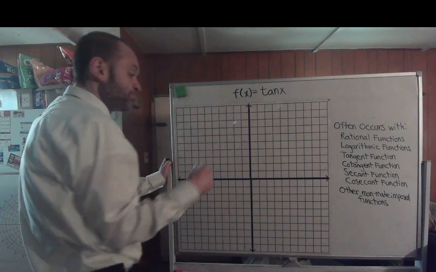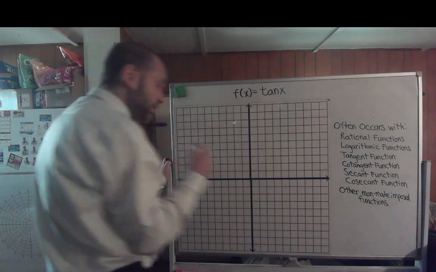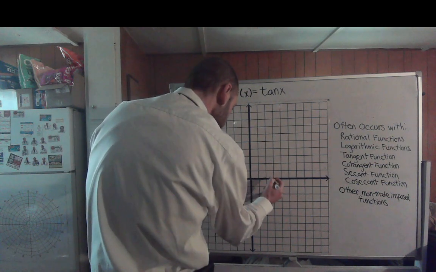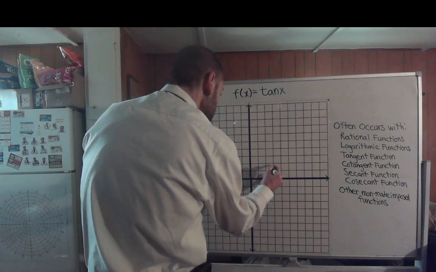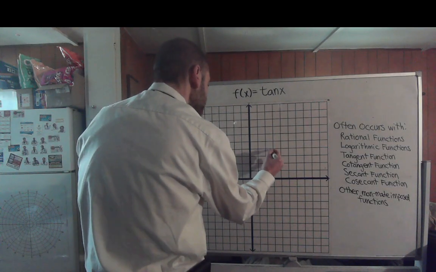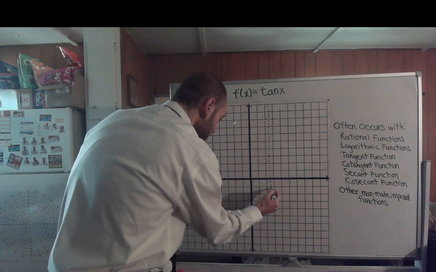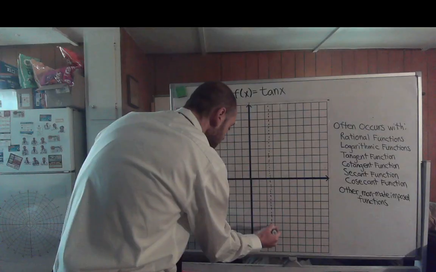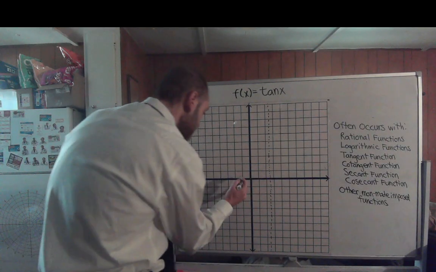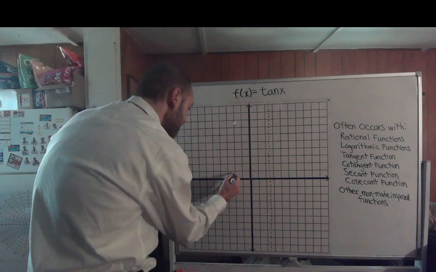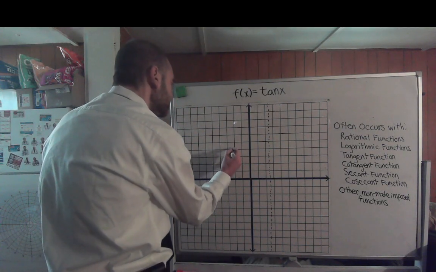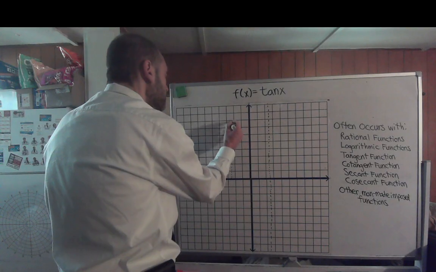So we know then at pi over 2, we'll make pi over 2, you know what? Because we're going to take the limit at pi over 2 of the tangent of x. That's what we're going to do.